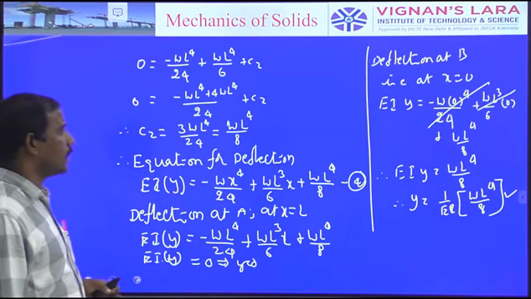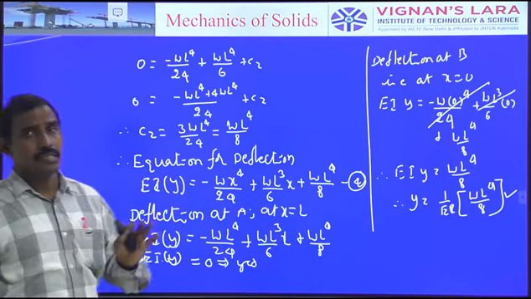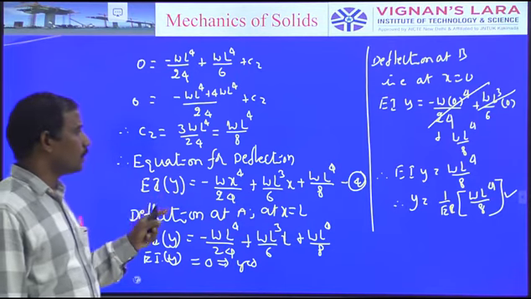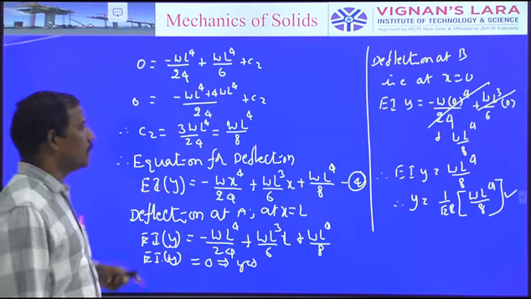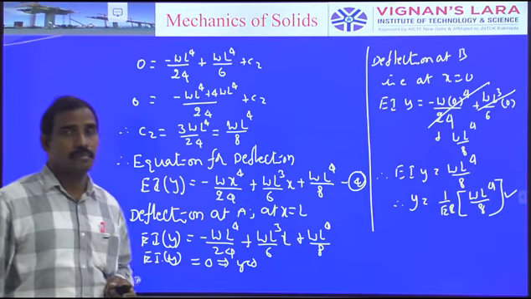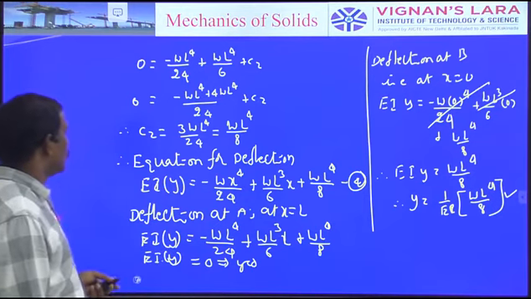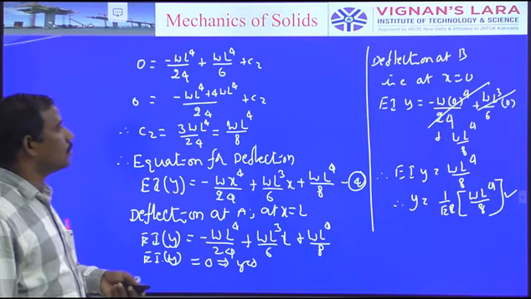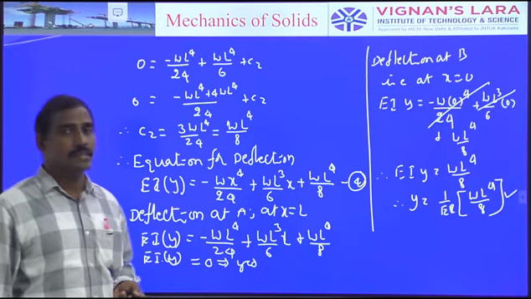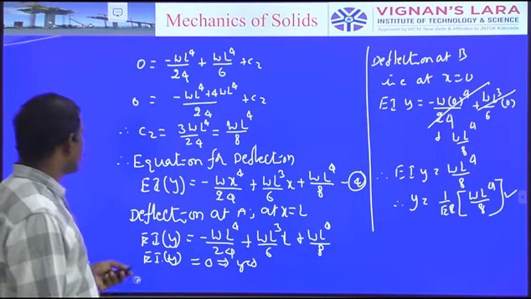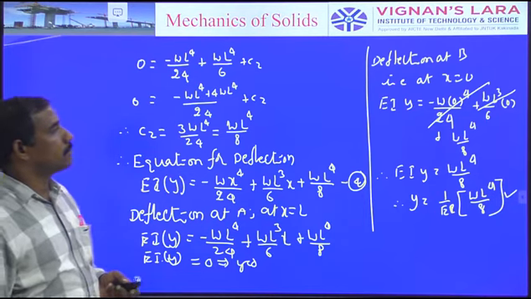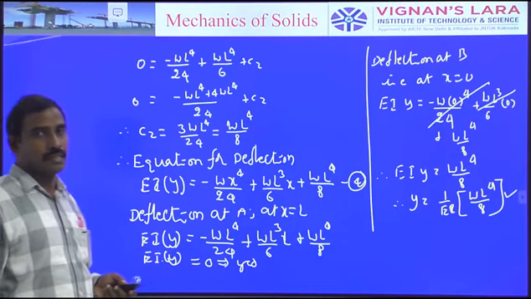In the case of a cantilever beam, always remember this one point. Based on these boundary conditions, we can find the constants of integration C1 and C2. Let us see one more example in the next class. Thank you.